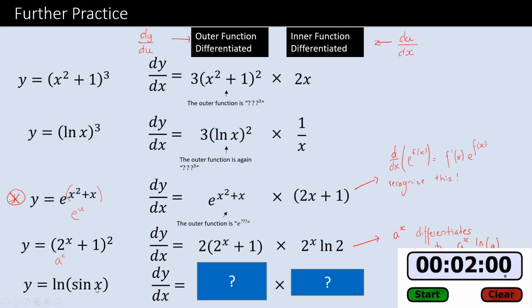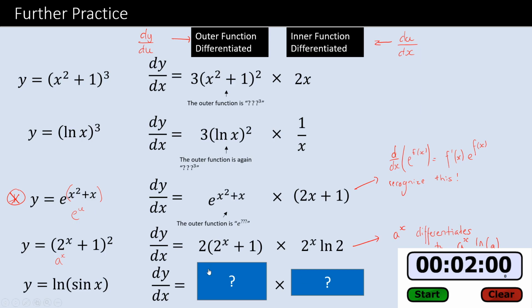Ln of sine x. Outer function. I want you to follow with me on this one. So outer function, differentiate it. Write it down. Inner function, differentiate it. Write it down.